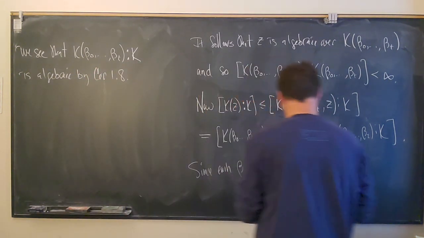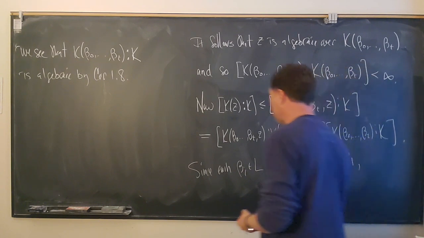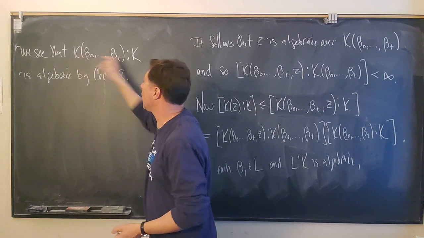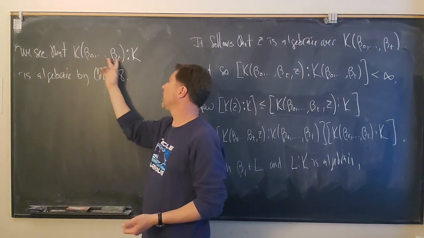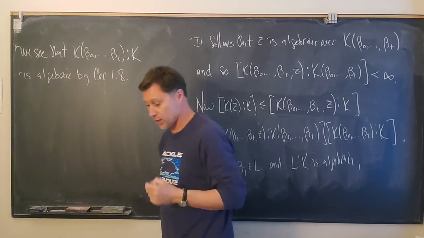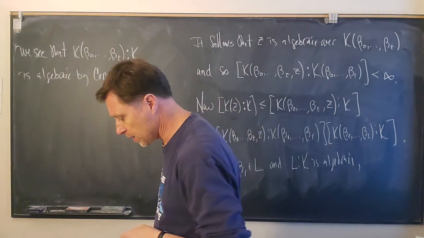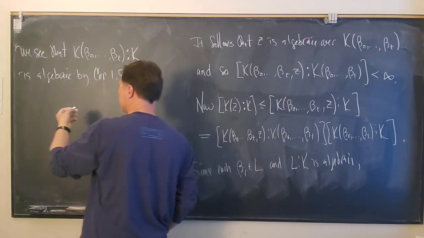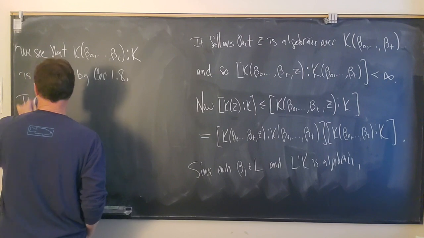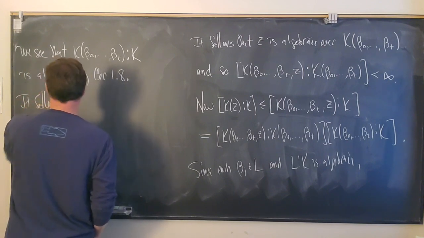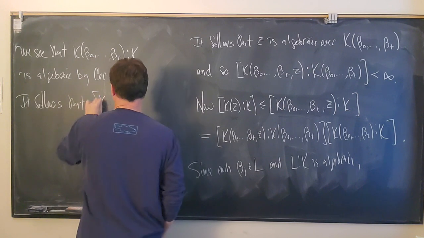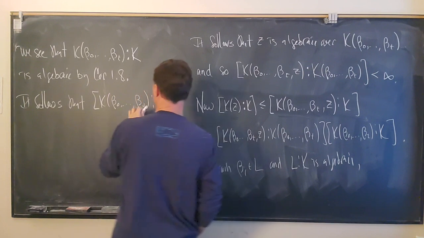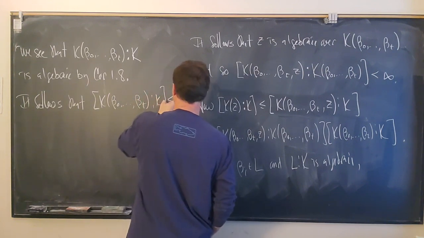So what did we do? We took a bunch of elements that are algebraic over K and adjoined them to K. By corollary 1.8, when you adjoin a set of algebraic elements, it yields an algebraic extension. So now we know that the extension is finite, which tells us that the degree of K adjoin b0 through bt over K is finite.